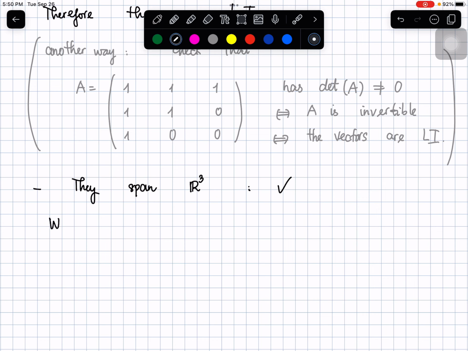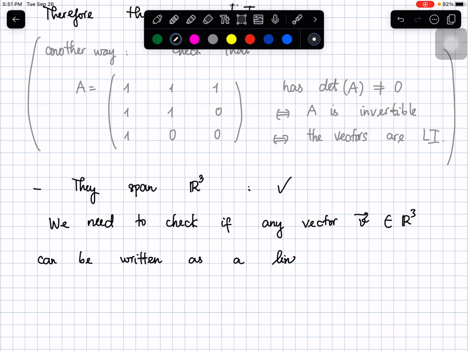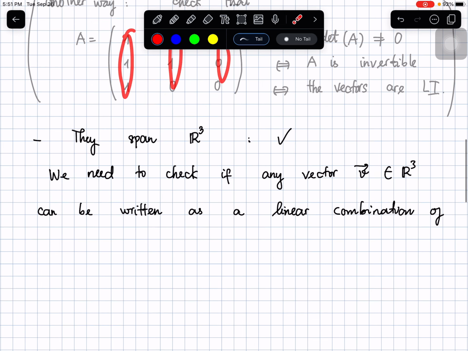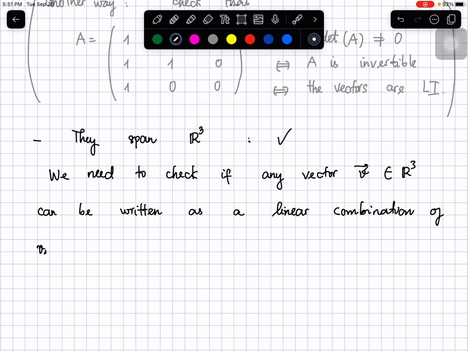This means we need to check if any vector V in R3 can be written as a linear combination of the 3 vectors, say V1, the first column, V2, and V3 or not.